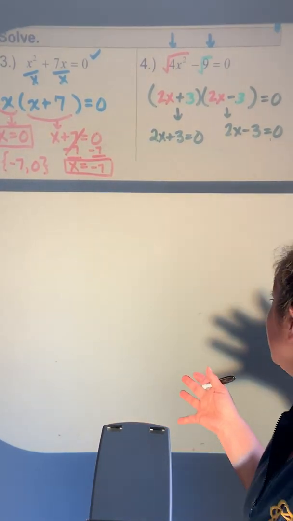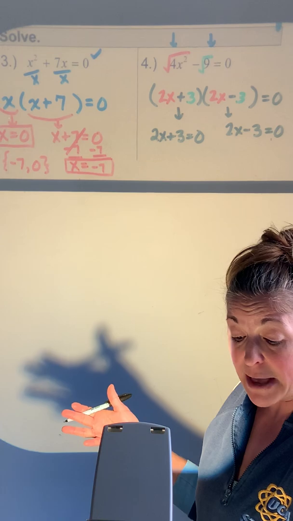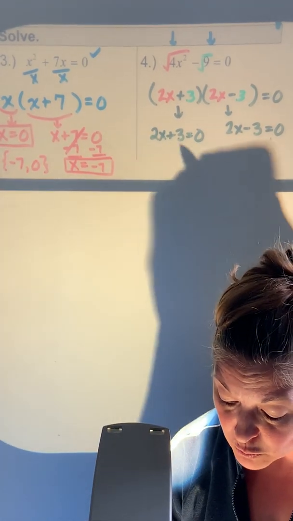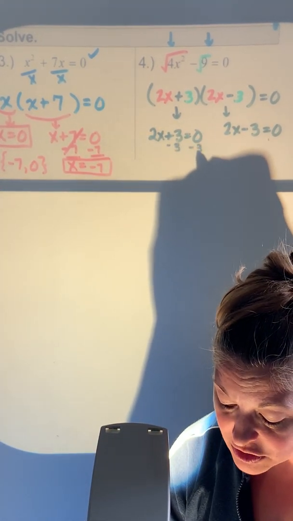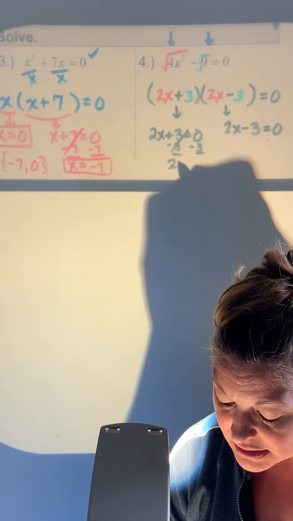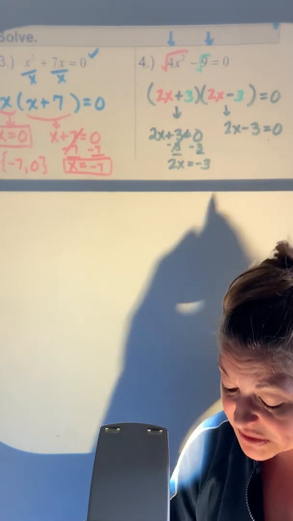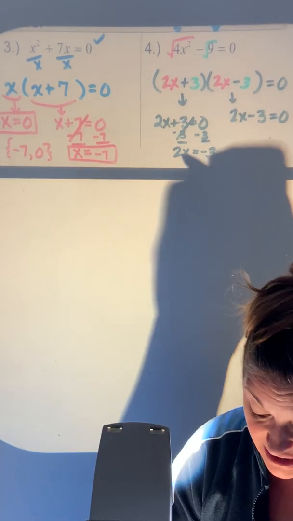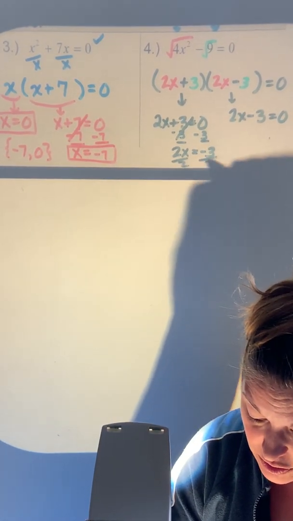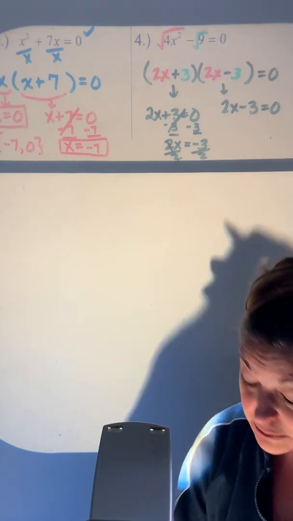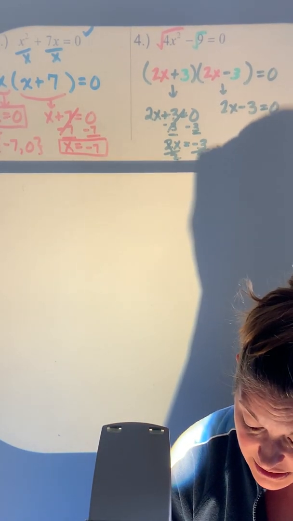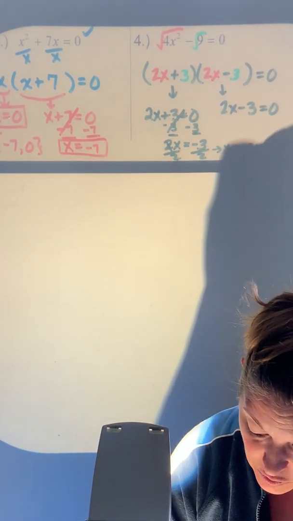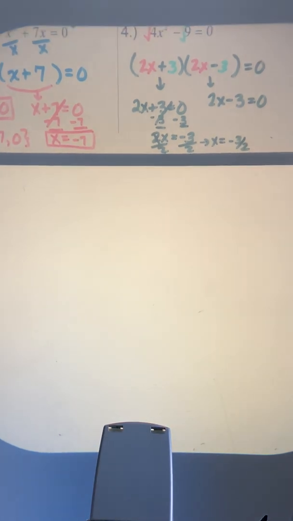Now notice that these are going to require an extra step, because not only will we do our -3, but now notice we still have that x with the 2. So we're going to have to divide by 2. I've run out of room, so I'll just squeeze it over here. That's going to give us x equals -3/2.